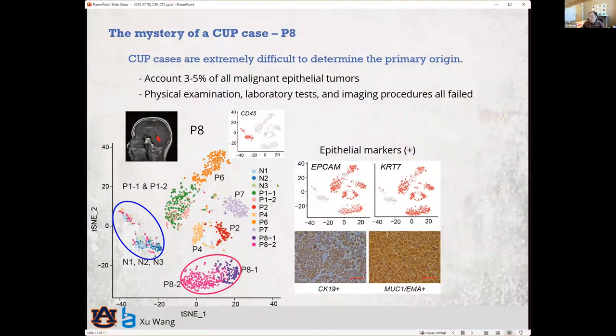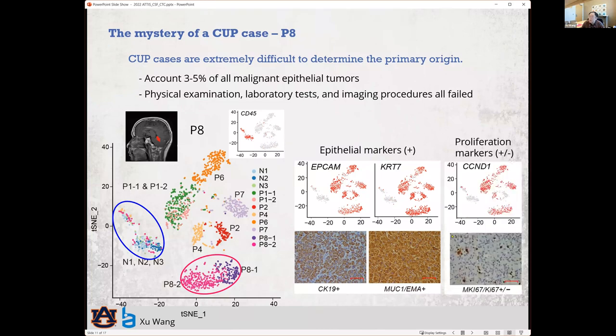We want to know whether this tumor is of epithelial origin. Yes, it is, because the epithelial markers clearly demonstrate that the P8 CTCs are epithelial origin, and so do the imaging work and staining work. The proliferation marker CCND1 is also positive in almost all of the P8 cells.